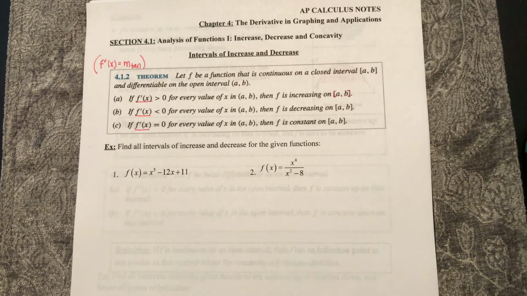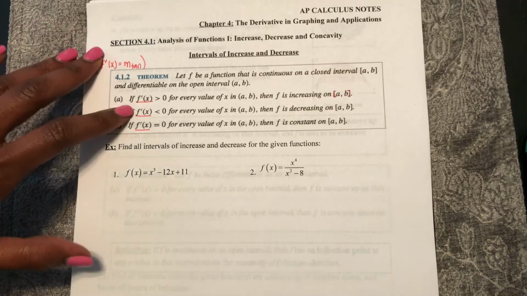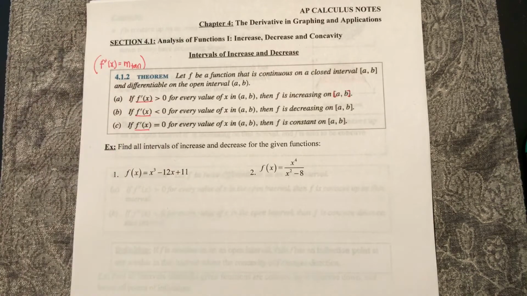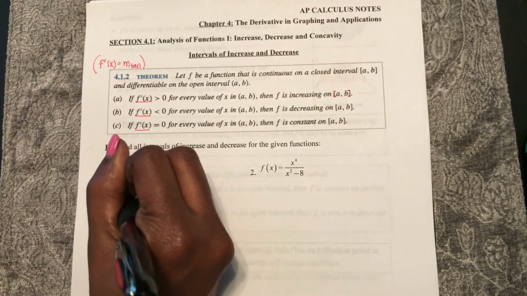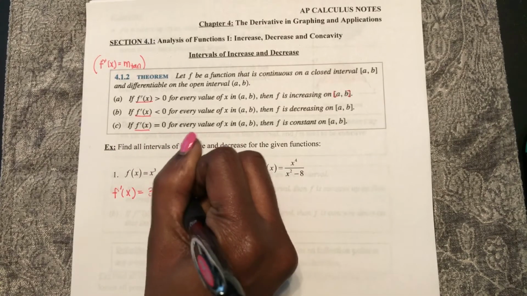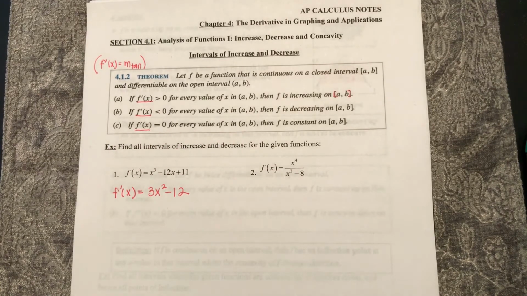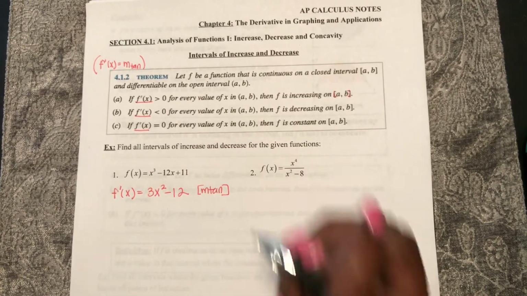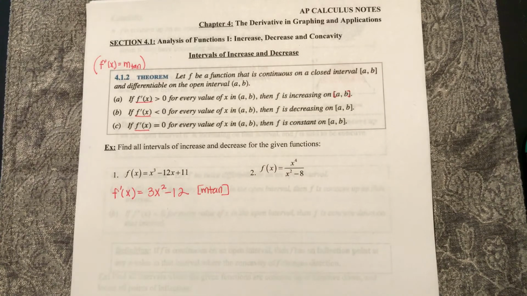So first, in order to determine where it's increasing or decreasing, I need to find my derivative, the slope of my tangent line. So for number 1, f prime of x is 3x squared minus 12. So that is the slope of my tangent line for any x value, and we're trying to determine for when that is greater than 0, less than 0, or equal to 0.